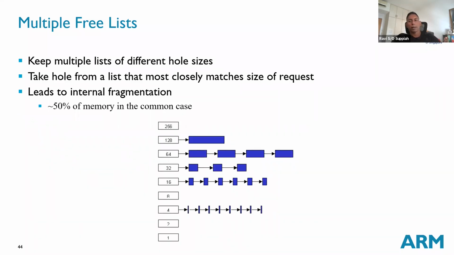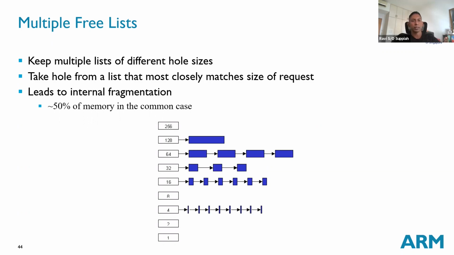One other way of handling it, instead of trying to do all this compaction, is to keep what we call multiple free lists. That means you break your memory up into multiple lists, where each list has pointers to different pre-allocated sizes of memory.